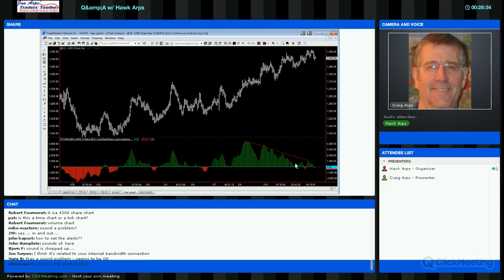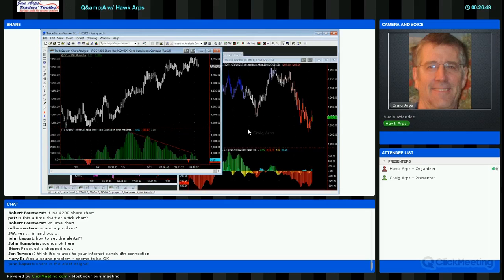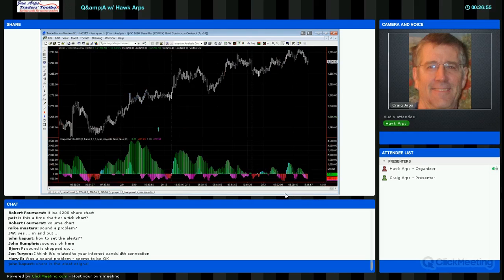Now here's gold again. This is a 1680 share chart, and you can see the same thing that we saw before. Here we're in this rally up, and you can see that there was a lot more buying here early on, and up here at the top you can see the buying strength is getting really weak.